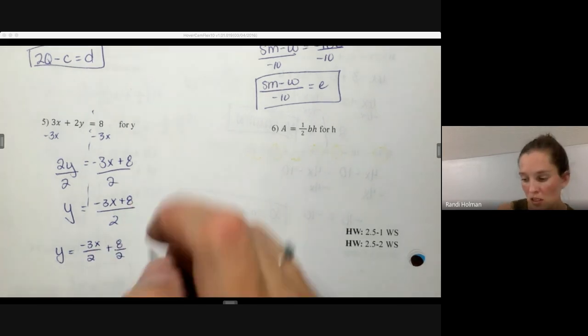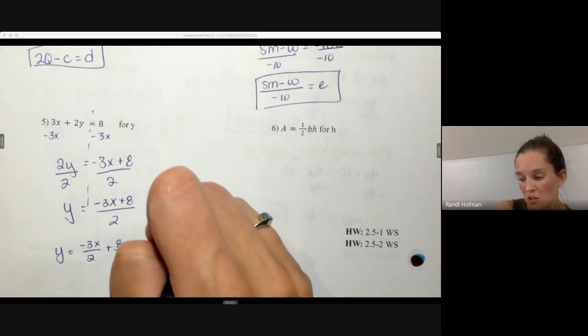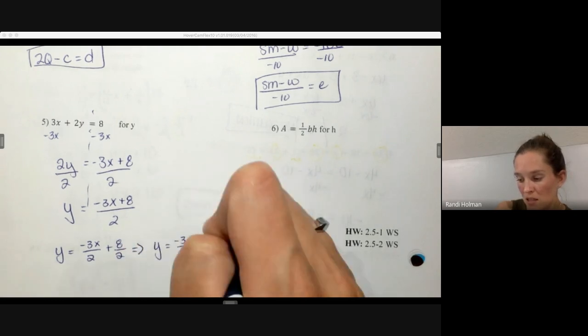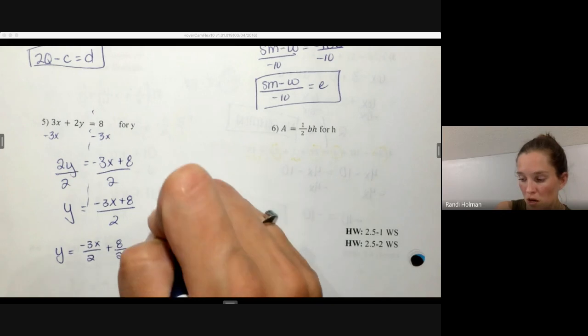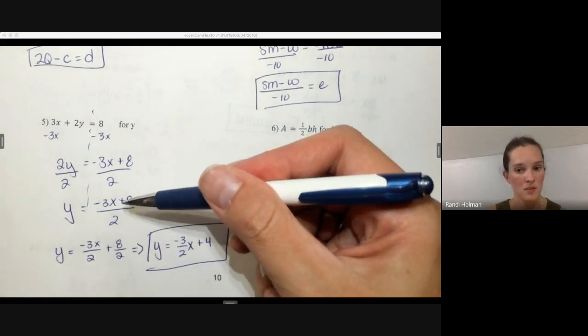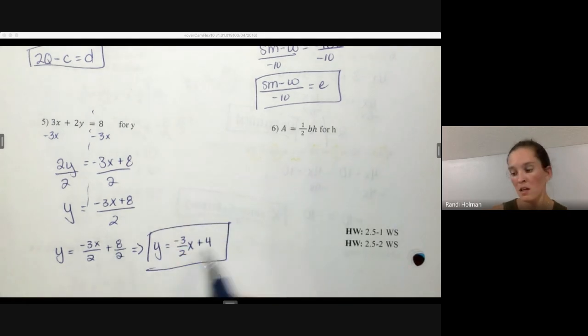And then we could actually simplify the 8 over 2 to y equals negative 3 halves x plus 4. Okay, this is not wrong. Just for the purposes we're going to see later on, knowing that these are equivalent and that we can simplify down to there is going to be helpful as well.